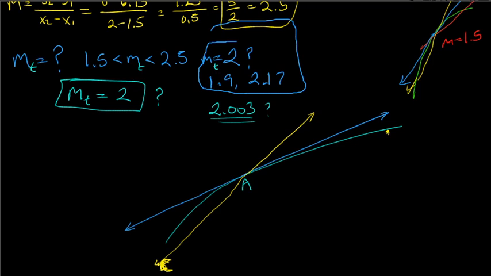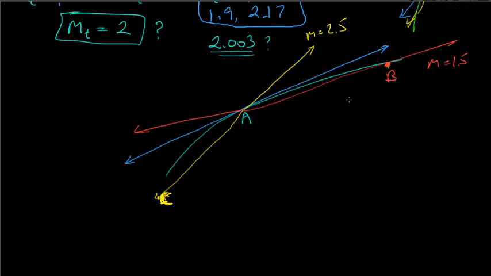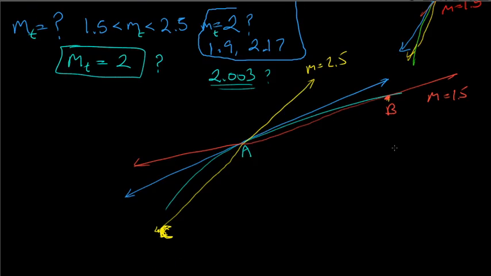Gotta make it red. So that's point B. So here's the secant line from A to B, and the blue line, again, is in between. So this was 1.5, and then for the yellow line, the slope was 2.5. So it's got to be somewhere between.